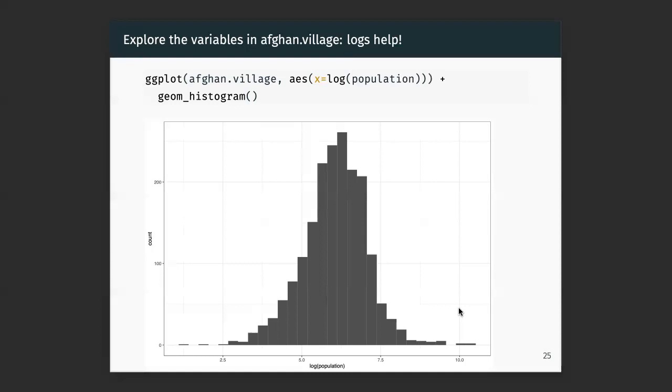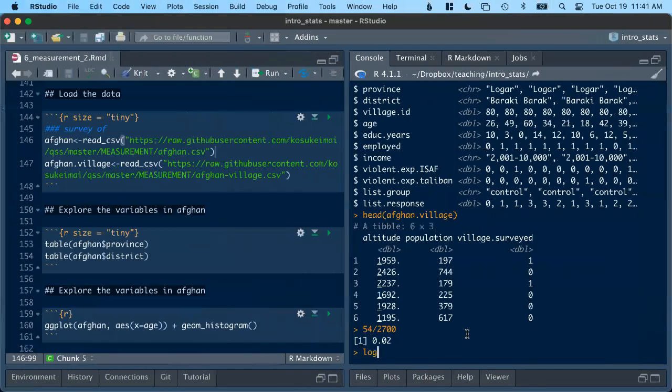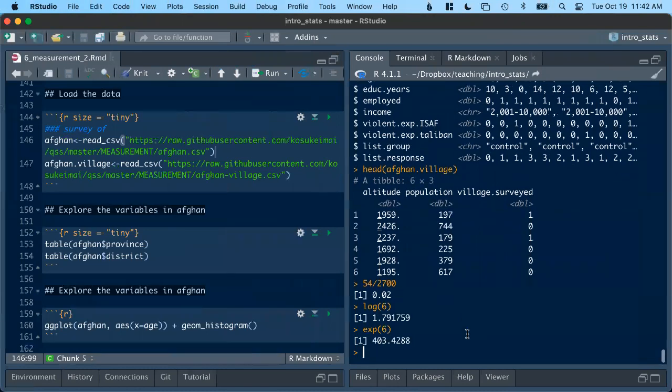But it's basically doing the same thing. It's saying there's basically no villages at zero, right? And then we have a lot in this range where, let's take the log of about 6, which seems to be the peak, the mean value. So we have a lot of villages with about 400 people. We'll exponentiate that because what we're looking at is the log.